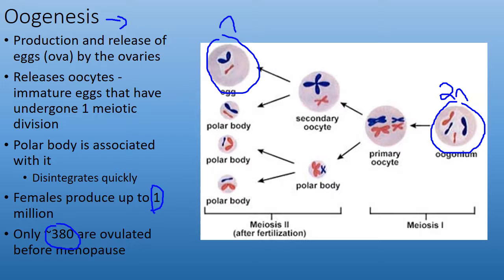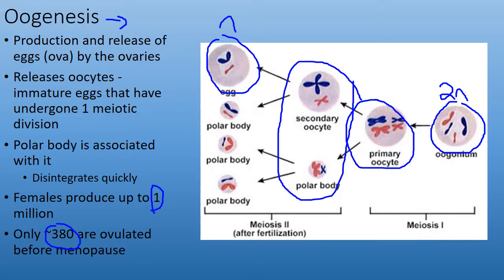Now, the oogonium will develop into a primary oocyte, undergoing its first meiotic division. Again, this occurs twice. So we see a secondary oocyte, and the final will be one egg and 3 polar bodies.